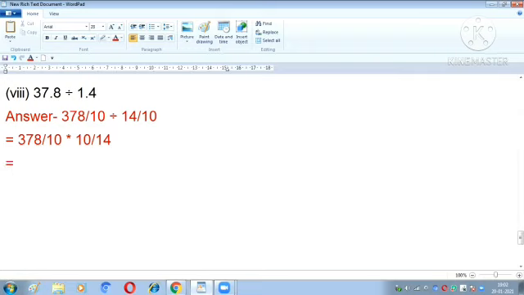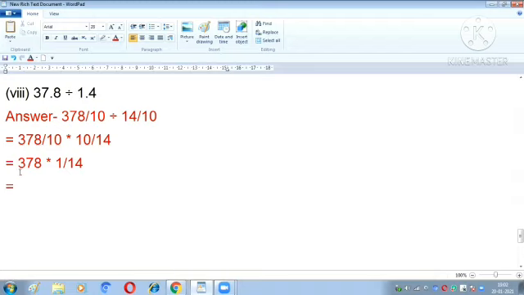Now we can cancel out this 10 and 10. So simply we can write 378 multiplied by 1 upon 14. Let's see if 378 can be divisible by 14.